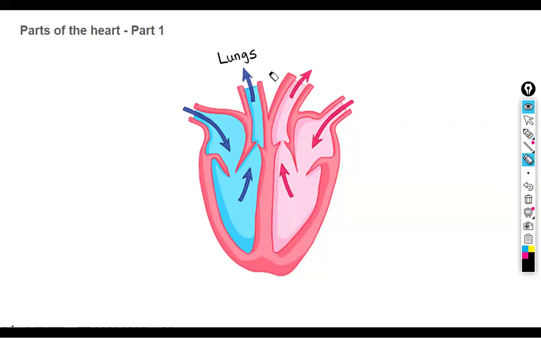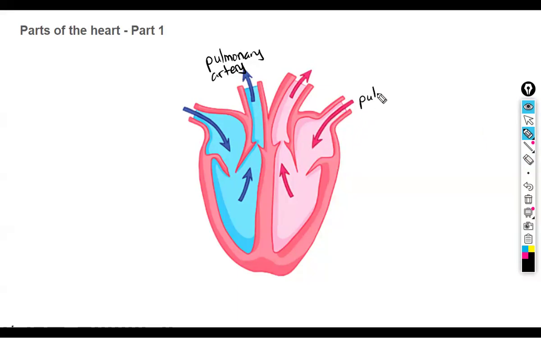So I just want to label this for you, right? Don't draw it, we're talking it through first. So this vessel here is the pulmonary. Sorry, I have a spelling problem here. Artery.